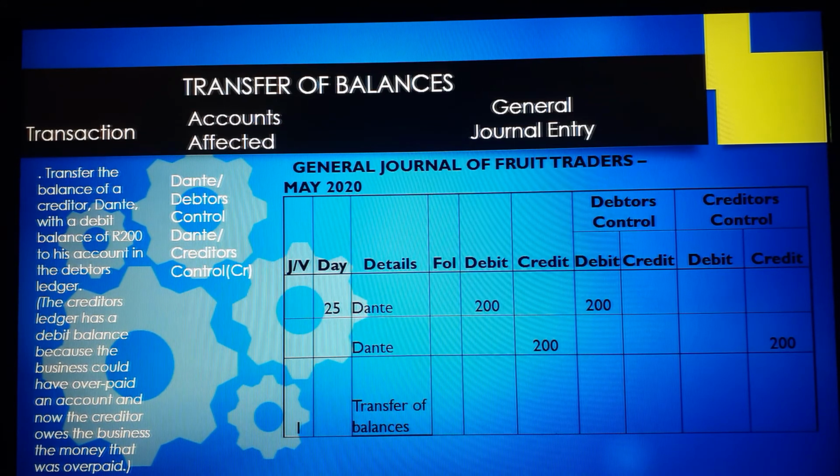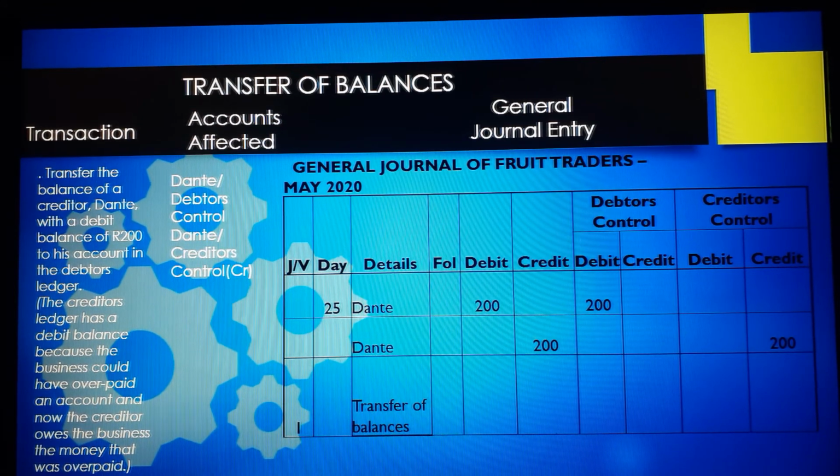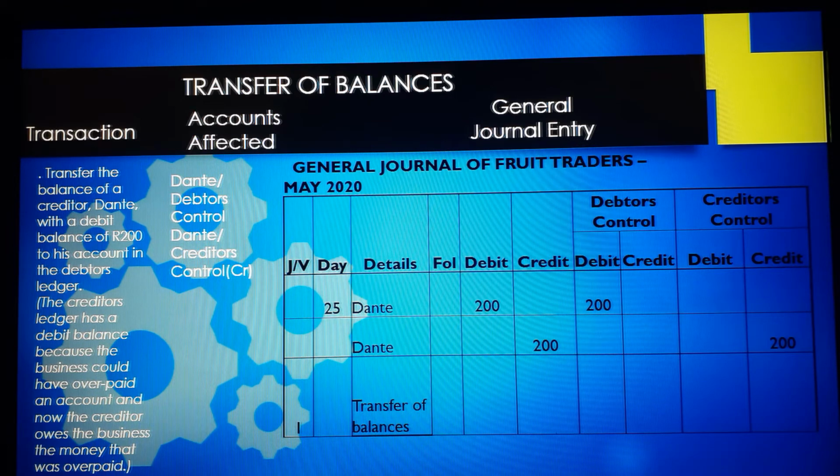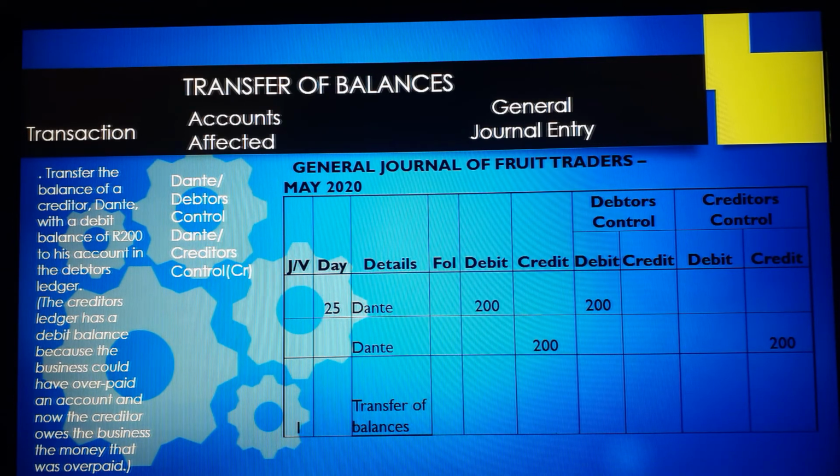We could also have, in the case of our creditor Dante, he has a debit balance of 200 Rand in his account in the debtors ledger. So basically, the creditors ledger has a debit balance because the business could have overpaid the account, and now the creditor owes the business, which is the money that was overpaid.